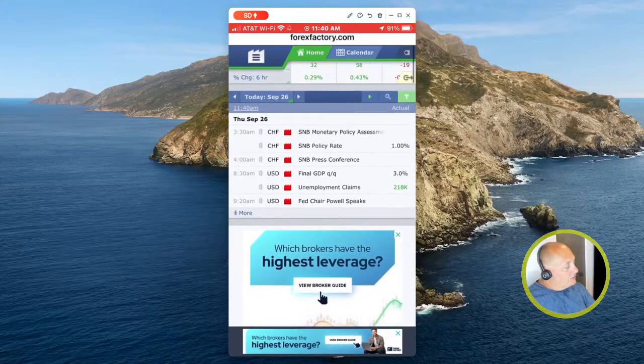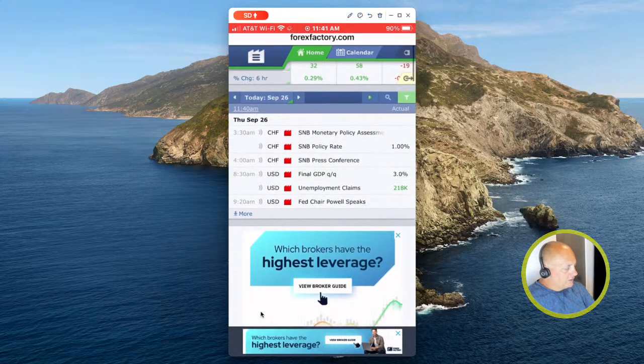So Thursday news, we had a bunch of Swiss franc at 3:30 a.m. Hold on, I need to blow this up so I can see it. 3:30 and 4 a.m. And then 8:30 a.m. we had U.S. dollar news. 9:20 a.m. Fed share. So honestly, this high impact news really didn't seem to move much.